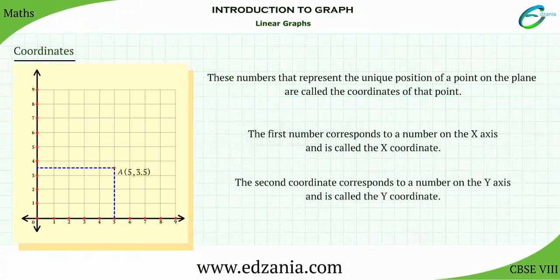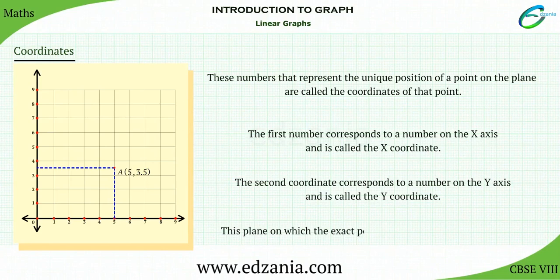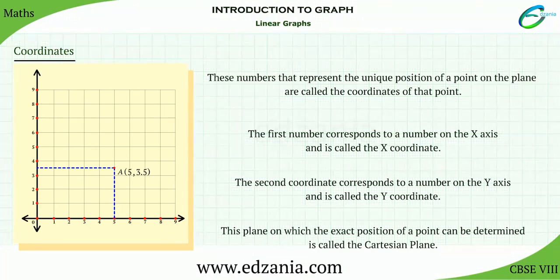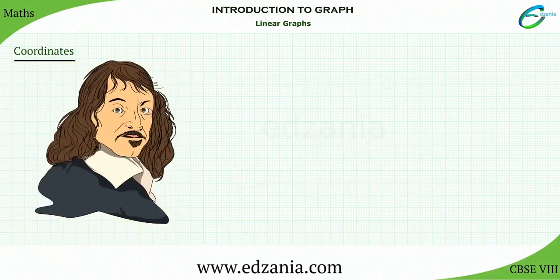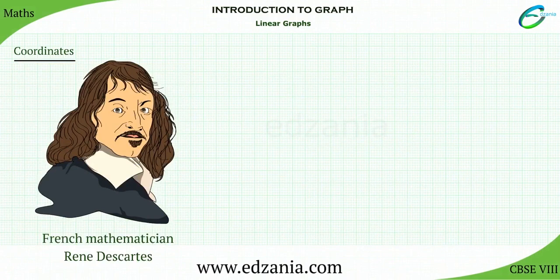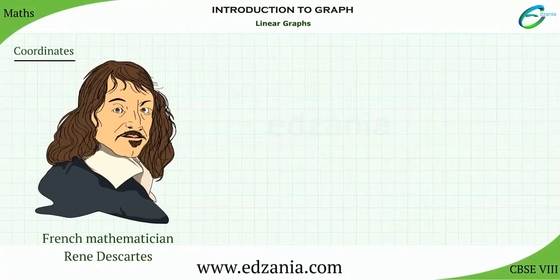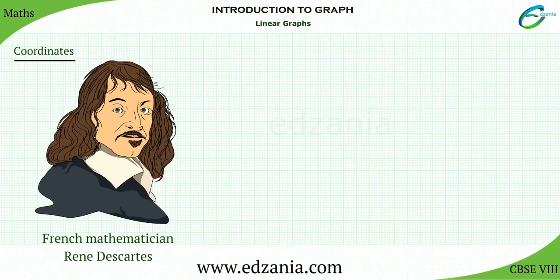This plane on which the exact position of a point can be determined is called the Cartesian plane. As you've seen in this coordinate system, each point is uniquely defined in a plane by a pair of numerical coordinates. The Cartesian plane is named in honor of the French mathematician René Descartes. He revolutionized mathematics with the invention of the Cartesian coordinate system.